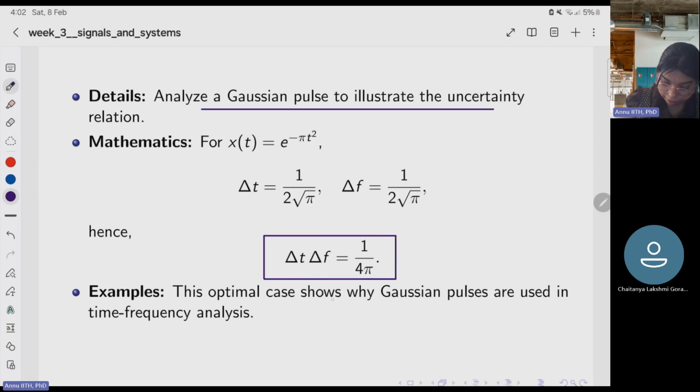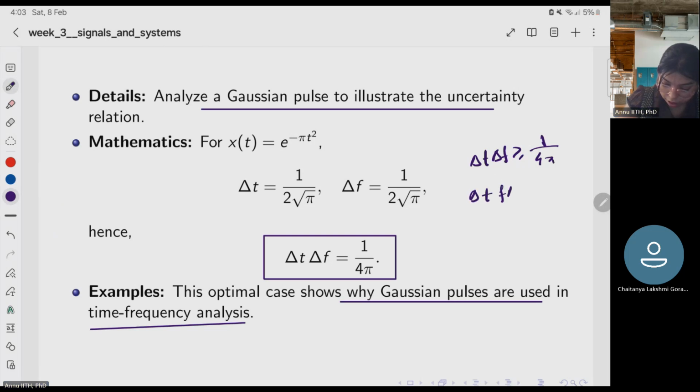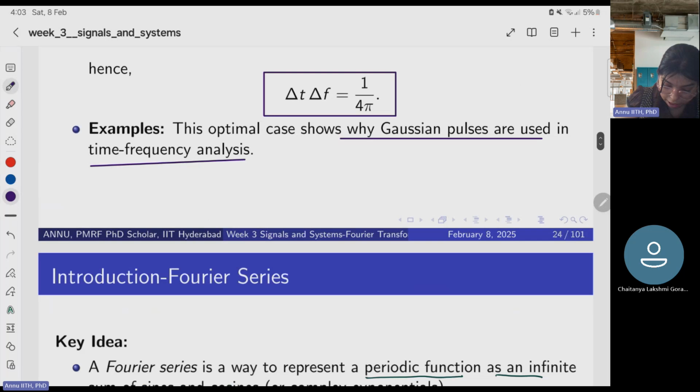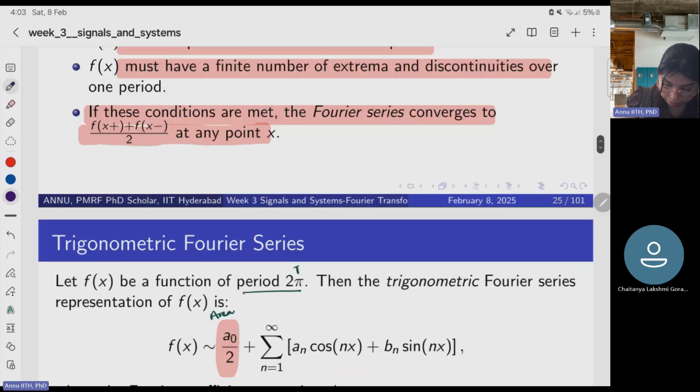This is the optimal case, which is why Gaussian pulses are used in time frequency analysis. Because del t, del f should be greater than or equal to 1 upon 4 pi, but in Gaussian pulses you have del t, del f equal to 1 upon 4 pi. It's very nice. So we already saw this.